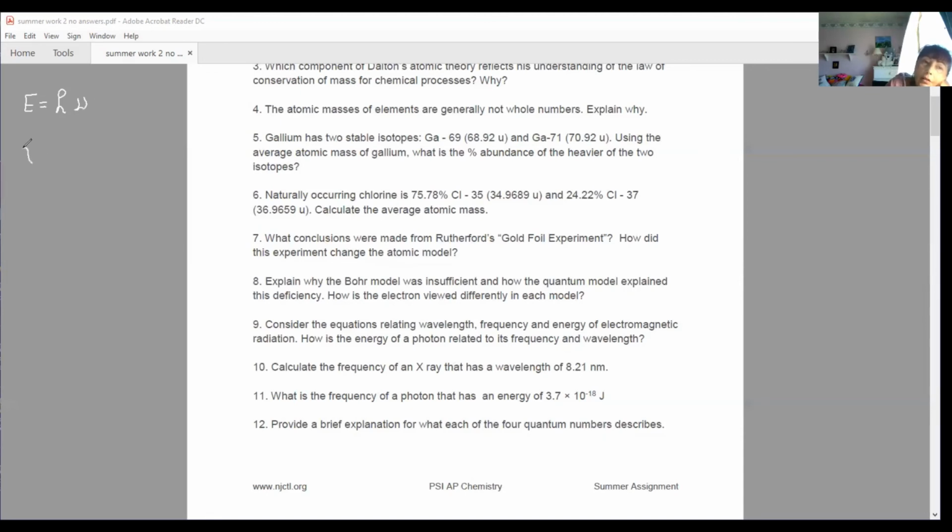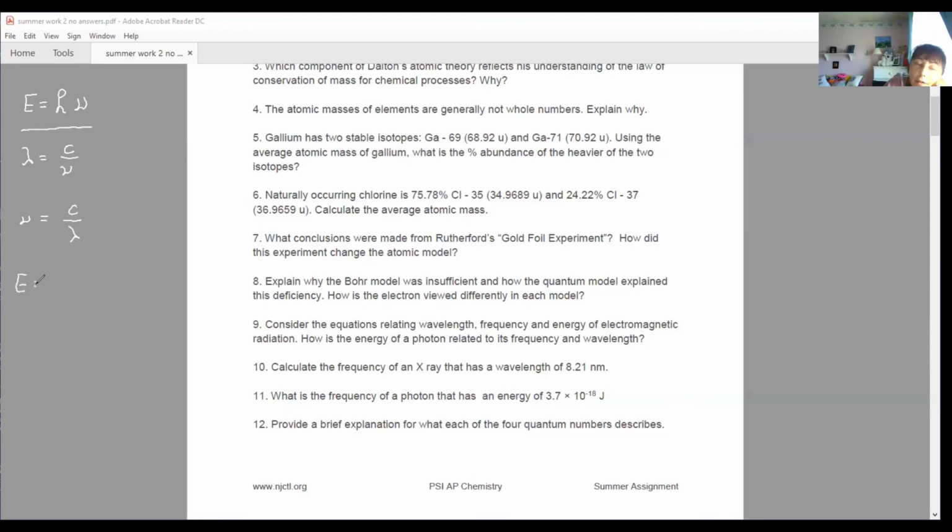And we also know that the wavelength is equal to the speed of light over frequency. Because of this, we can reverse and say the frequency is equal to the speed of light over wavelength. So this is how energy is related to the frequency.